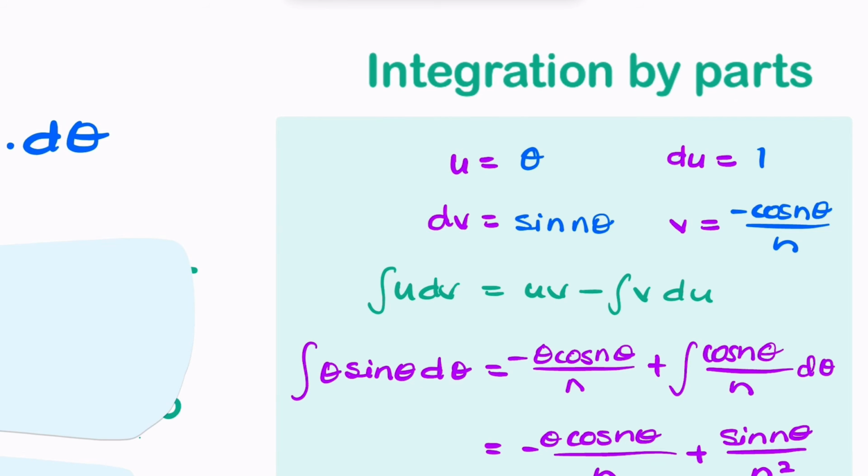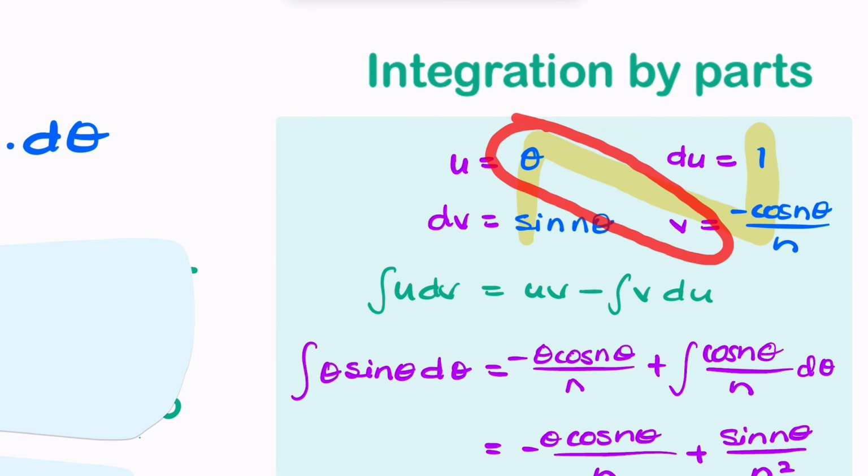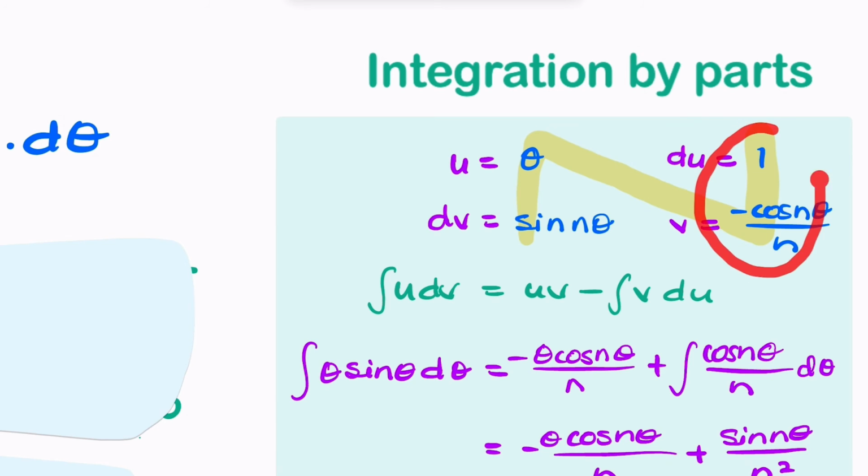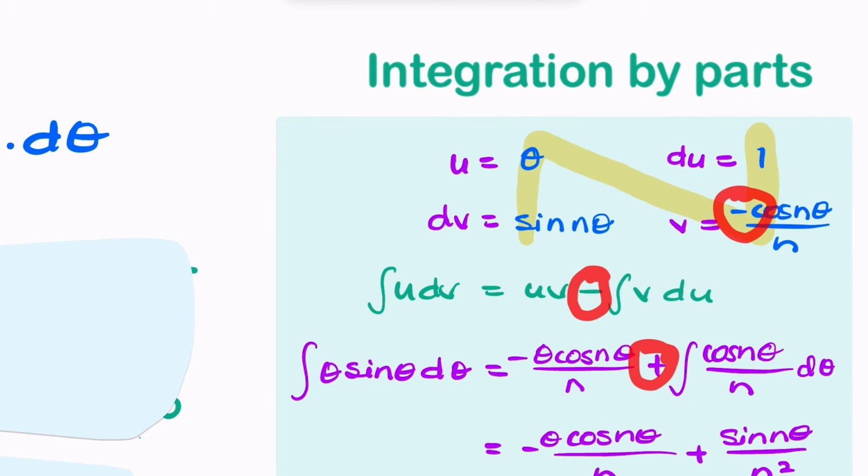And then we use the integration by parts formula, so the integral of u dv, this product, is equal to uv minus the integral of v du. And this minus with this minus will give you a plus there.